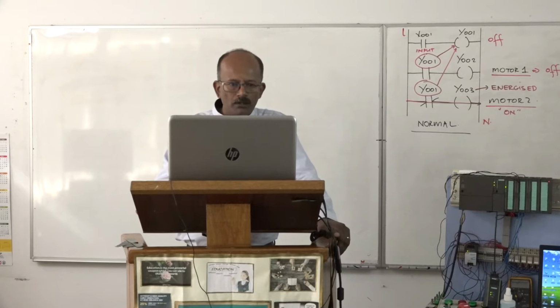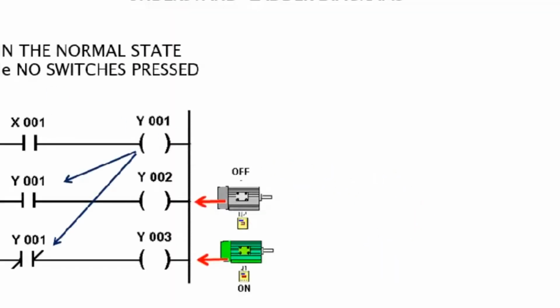What I'm going to do now is just go back to where we left off the last time, and that was understanding ladder diagrams. I put this diagram on the board last time, and we said that in order to work out what happens when I press the start button or the stop button, we first need to understand what happens to any circuit in its normal state.